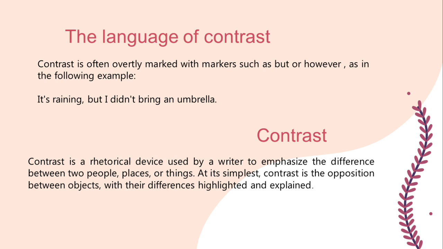This is what is believed to be the hallmark of a contrastive relationship. Contrast. Contrast is a rhetorical device used by a writer to emphasize the difference between two people, places, or things. At its simplest, contrast is the opposition between objects, with their differences highlighted and explained.